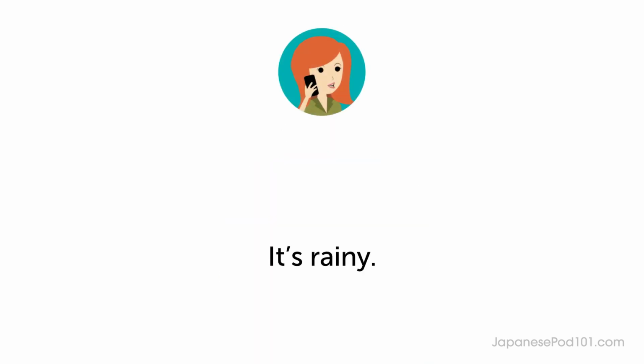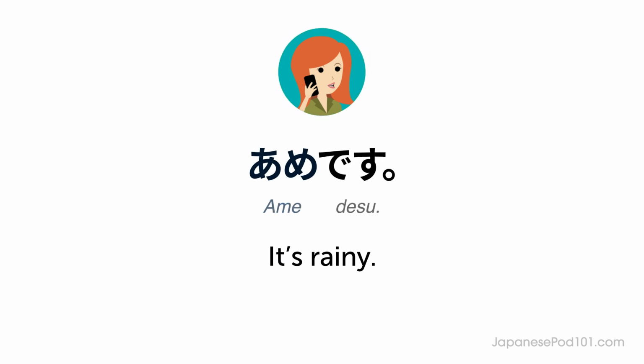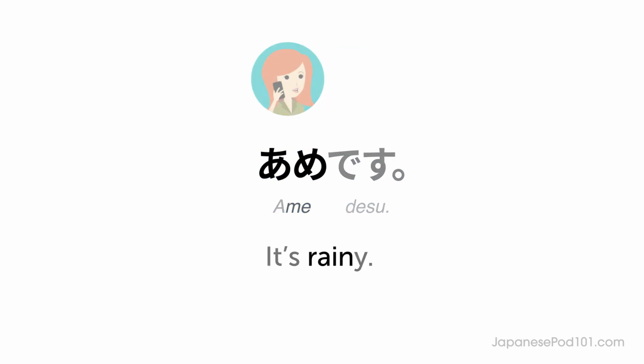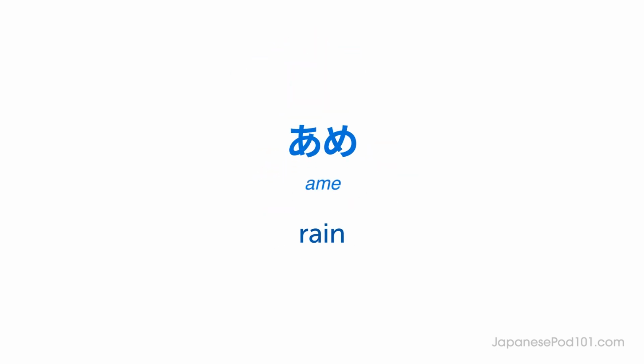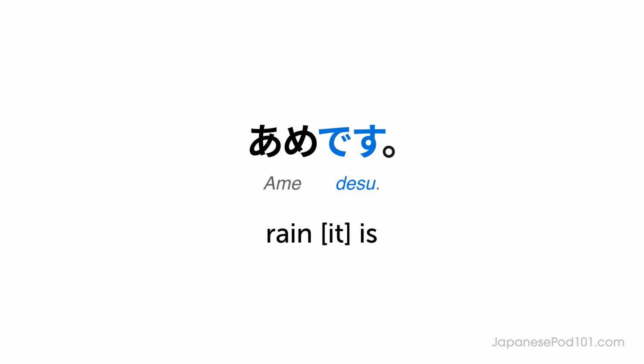Let's take a closer look at the response. Do you remember how Karen says, "It's rainy"? 雨です。 First is 雨, rain. Next is です. In this case, it's like the is in it is. Altogether, 雨です literally means rain it is, but it translates as it's rainy.